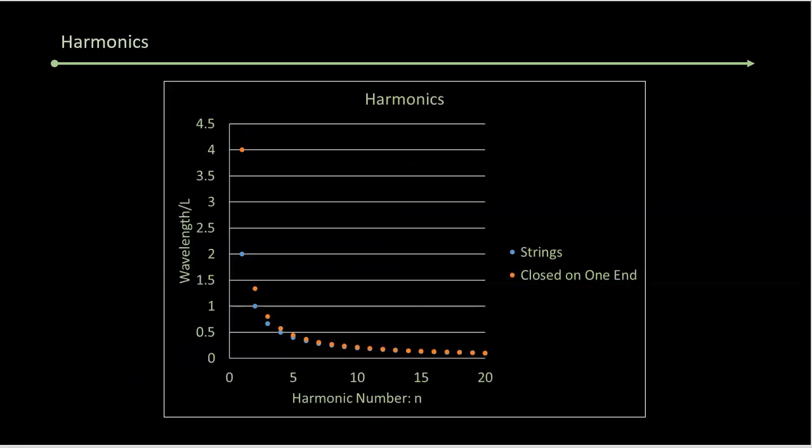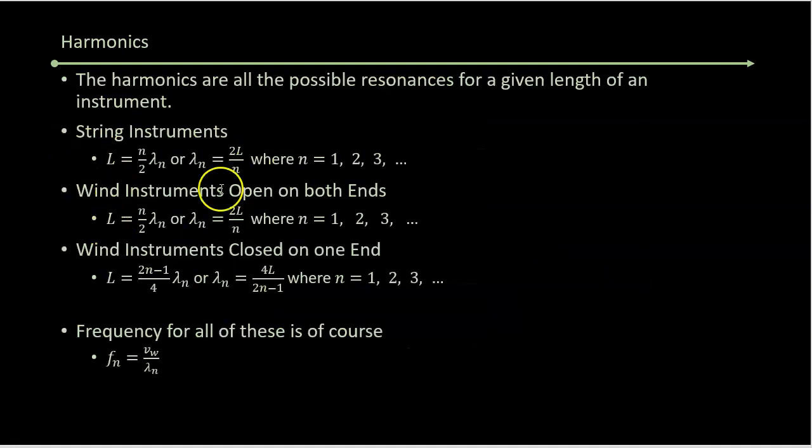To look at this, if you're on a closed-end instrument you're these orange dots, and you can simply see that the distribution is different, which is one of the reasons that these classes of instruments sound different from each other, because they have a different distribution of energy in the harmonics. Back to strings and flutes, you're at 1, 1/2, 1/3, 1/4, 1/5, 1/6, 1/7.